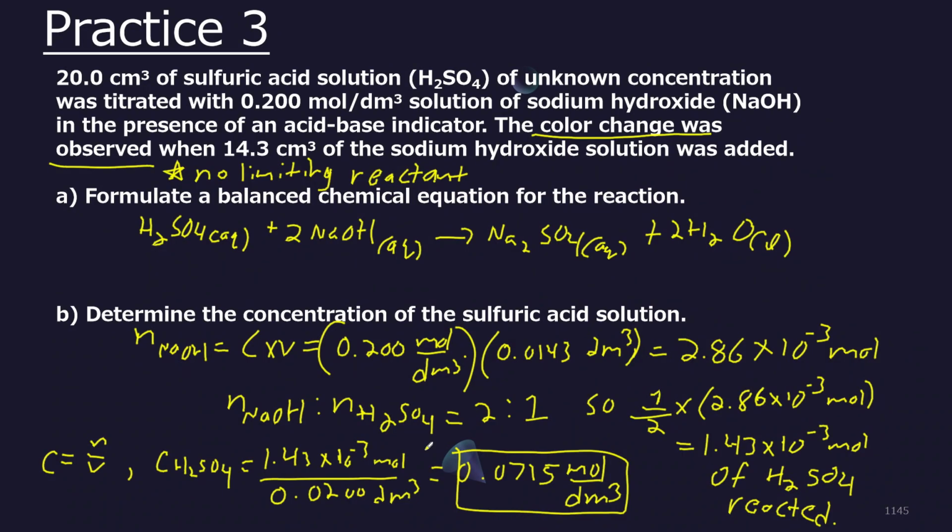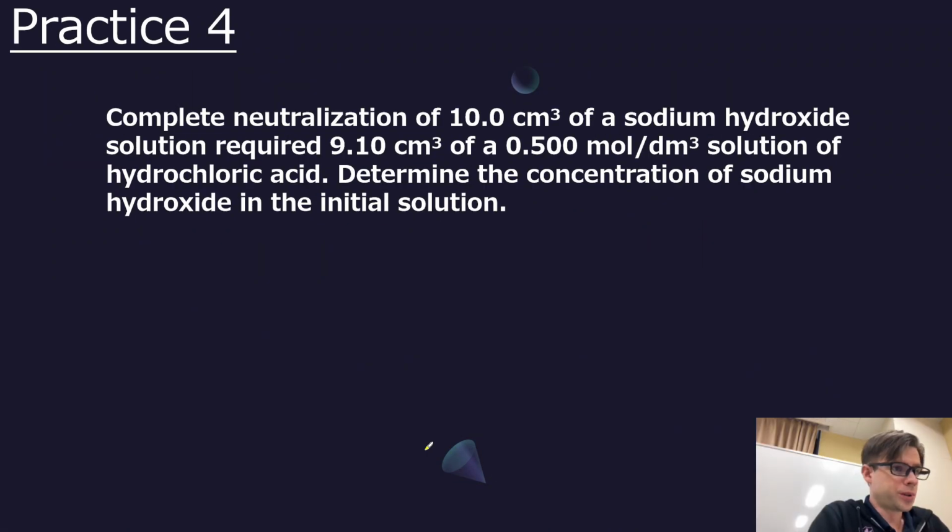All right, I think I have one more practice of similar things here. Practice 4. Complete neutralization of 10 centimeters cubed of sodium hydroxide solution required 9.1 centimeters cubed of 0.5 mole per decimeter cubed solution of hydrochloric acid. Determine the concentration of sodium hydroxide.